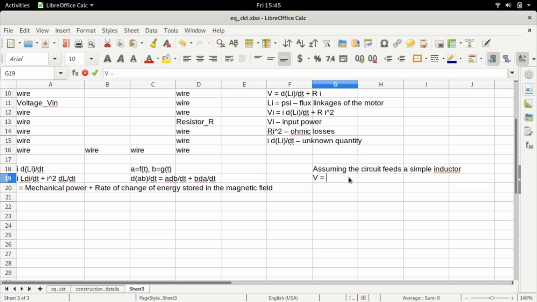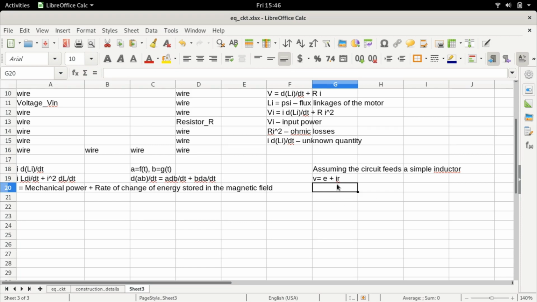V is equal to d of, it's important to understand this is the induced EMF plus I into R, right? This is the induced EMF. Now, if I were to go ahead and say, oh my god, autocorrect, okay, V is equal to E plus IR.